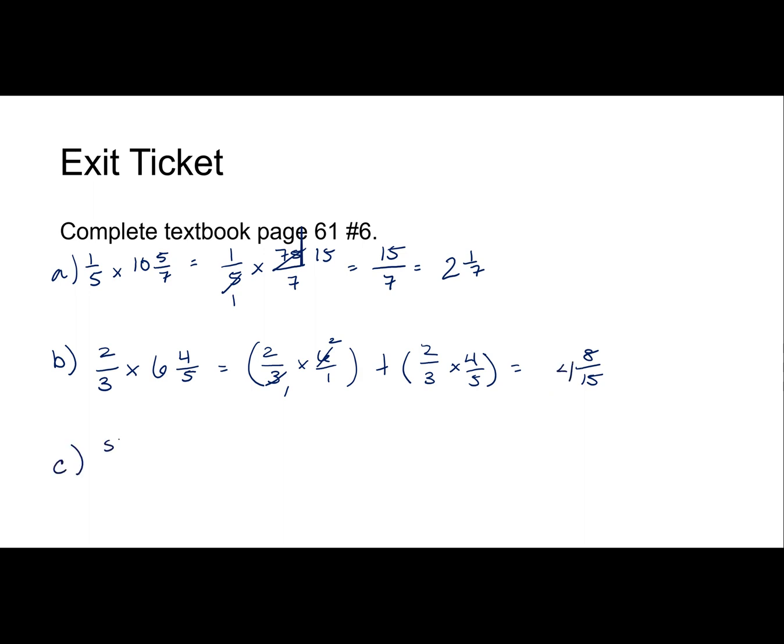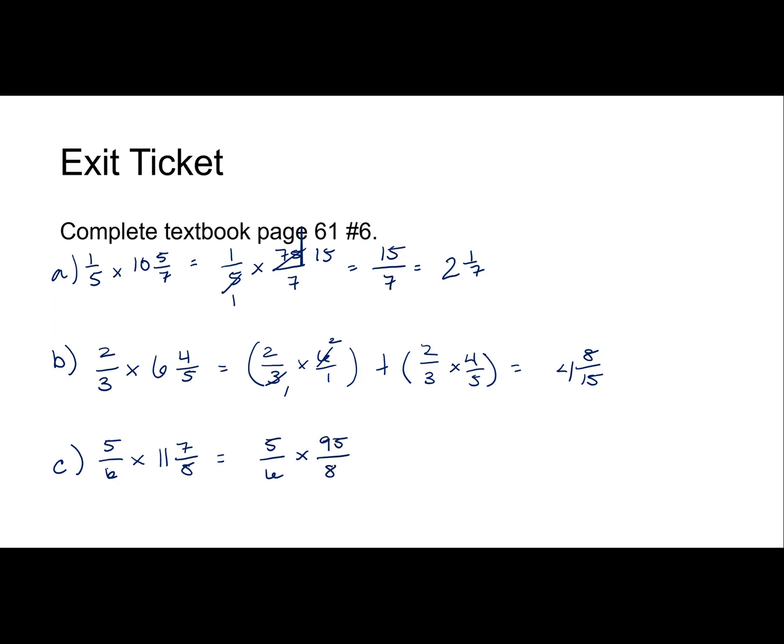How about C? We had 5/6 times 11 and 7/8. Ooh, I feel like this one might be a nice one to do distributive on, but yeah. Jace, what'd you do? I did it mathematically. 11 times 8, which is 88, plus 7, which is 95.